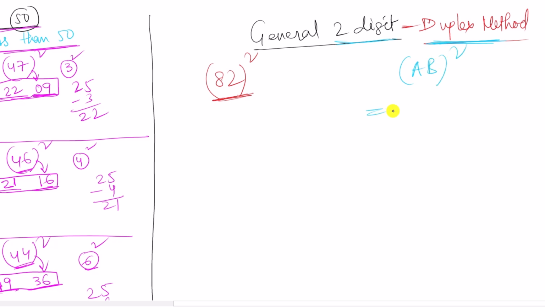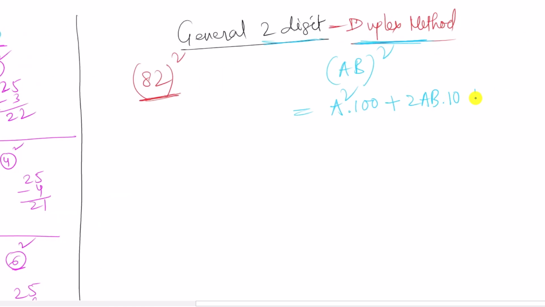Here in this case, we can use the formula A square, which will be in the hundreds place. We can add this to 2AB, which will be in the 10th place, and then we're gonna add this with B square, which will be in the ones place. We can apply this to any two-digit number. So that is the duplex method.